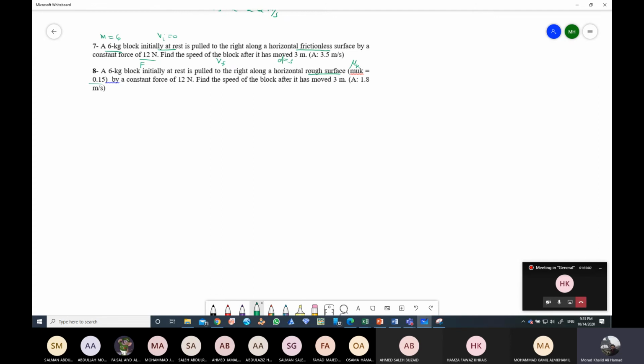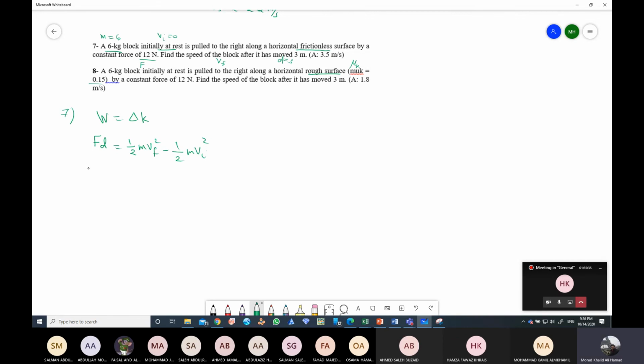Okay guys. For the first one, let's start with 7. Same numbers, the same thing, but this one has friction and this one has no friction. We solve number 7 first. Find the speed. I can say that work is equal to delta K. F dot D, or FD, is equal to half m v final squared minus half m v initial squared.